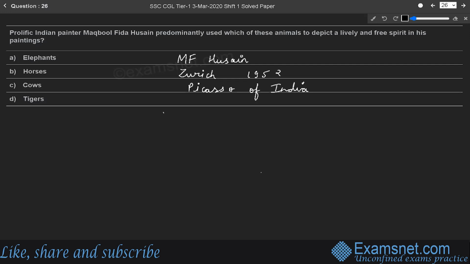In the year 1973, he was awarded the Padma Bhushan. And in the year 1991, he was awarded the Padma Vibhushan.